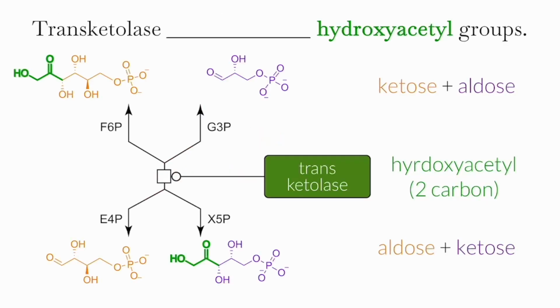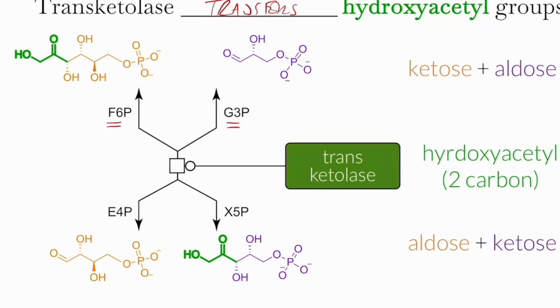All right, what do these enzymes do? So the transketolase transfers, complicated word there, hydroxyacetyl groups. What we can see here is it's taking F6P, which is a ketose, and G3P, which is an aldose.